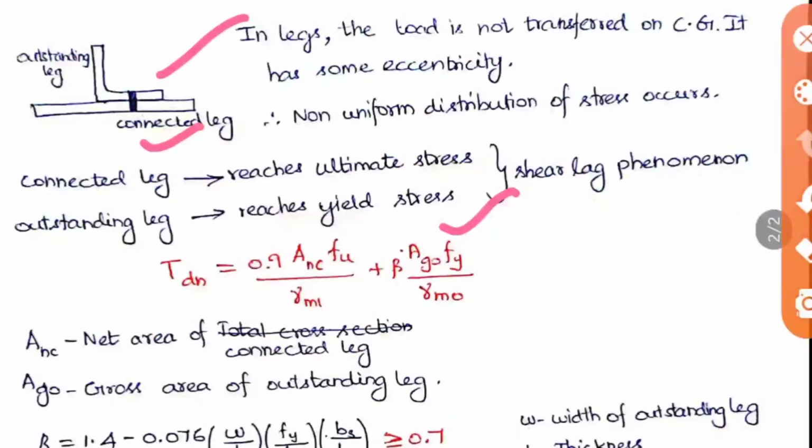Due to these differences and criteria, the formula has been changed for this type of angle end connection, that is, Tdn is equal to 0.9 An c fu by gamma m1 plus beta Ag fy by gamma m0.